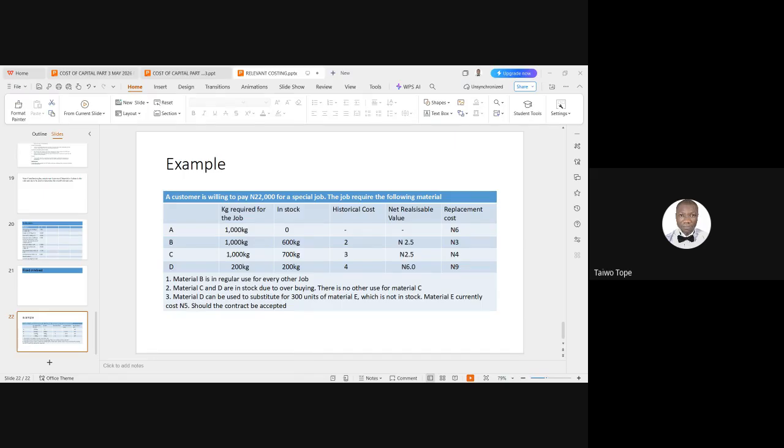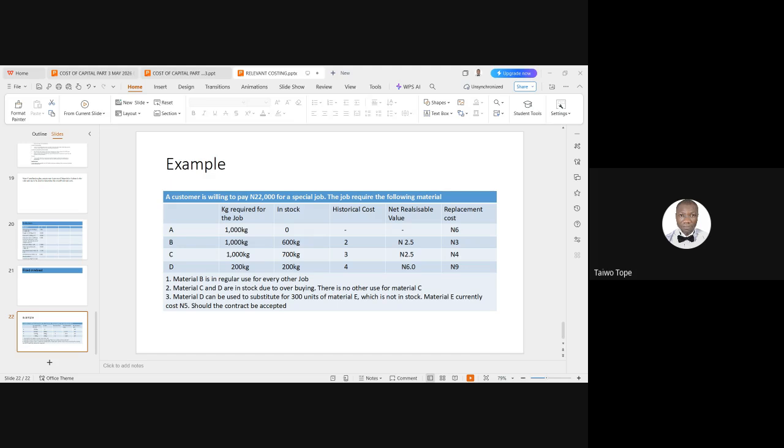So material C and D are in stock due to overbuying. There is no other use for material C. It means if we are not using material C for this particular production, what will be the other option? It is to sell. At what value? The net realizable value. So 700 kg multiplied by 2.5.